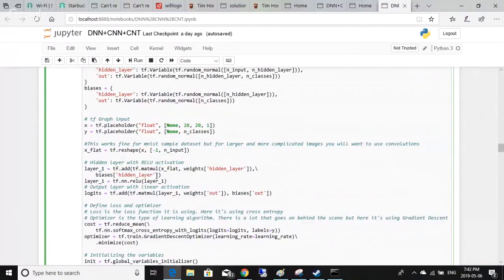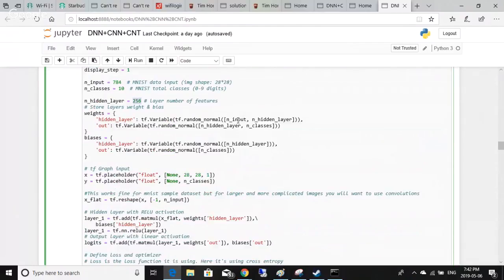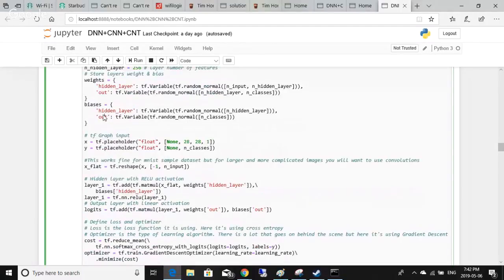You can see that the weights are just randomly normal generated weights. These are random values for TensorFlow. This is a dictionary. This is hidden, this is out. This is hidden, this is out. This will be used down here.